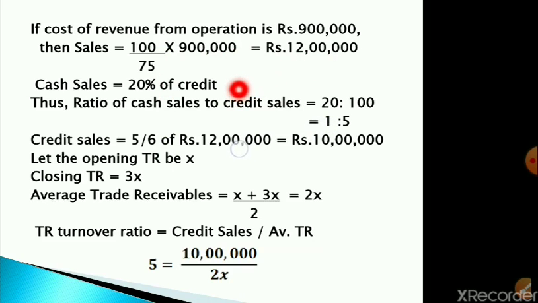Again in the question it was mentioned that the cash sale is equal to 20% of credit sale. In the question we neither have cash sales, nor credit sales, nor was total sales mentioned. So what we'll do is, let us assume that the credit sale is 100.